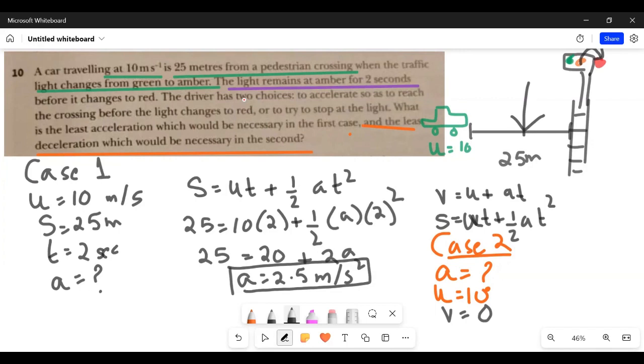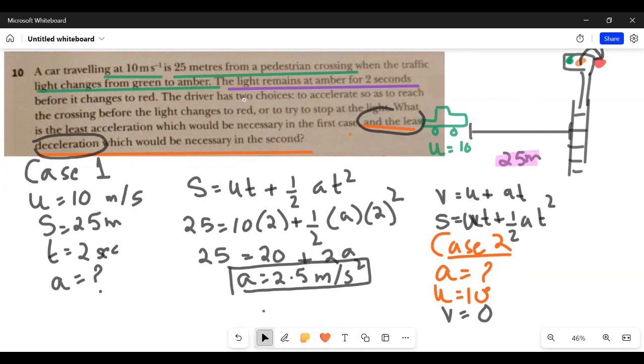If the question says find the least deceleration, least deceleration means that he is allowed to take as much distance as possible to slow down. And what's the maximum distance he can use before stopping? That's the 25 meters before the pedestrian crossing. If he's allowed to slow down relatively leisurely, then he can take the entire 25 meters.